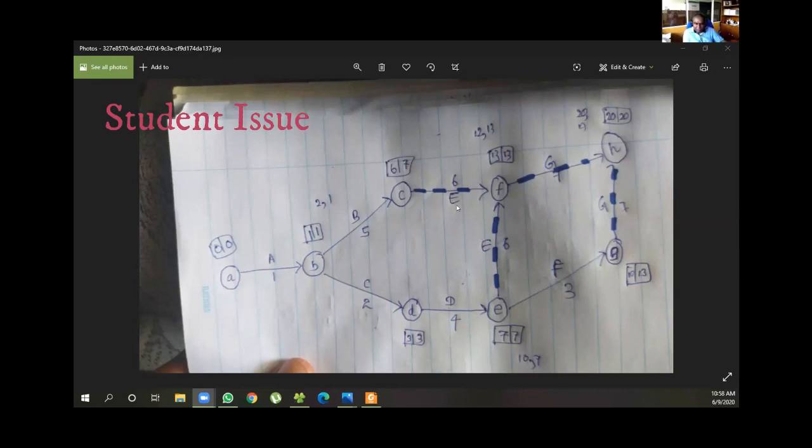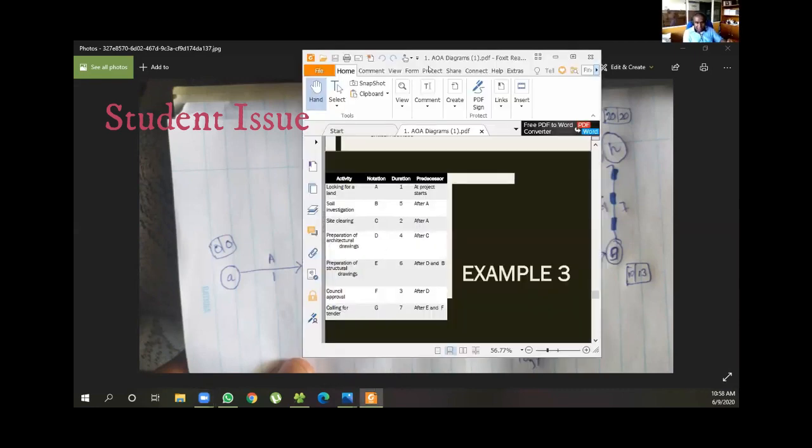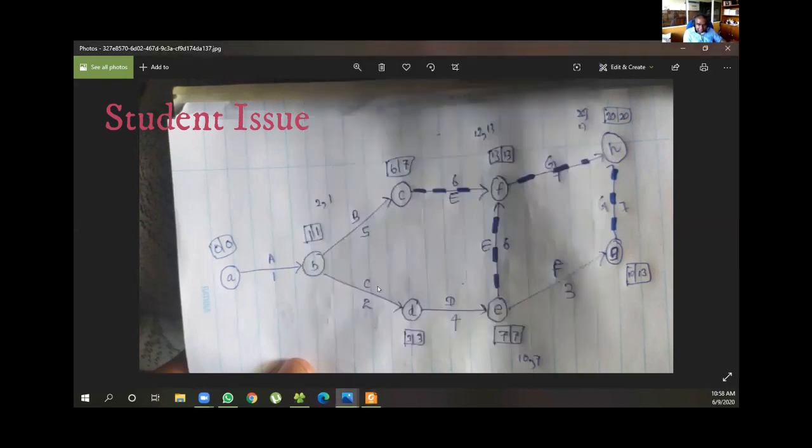Why is that? After D and after B. I have the sum here. Can you show me that? Yeah, D and B.